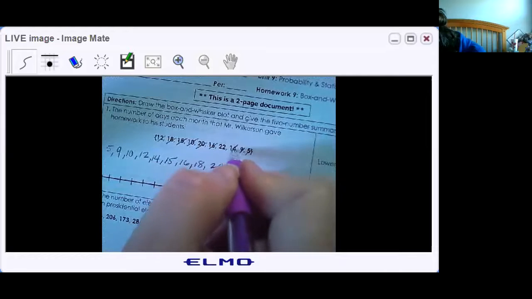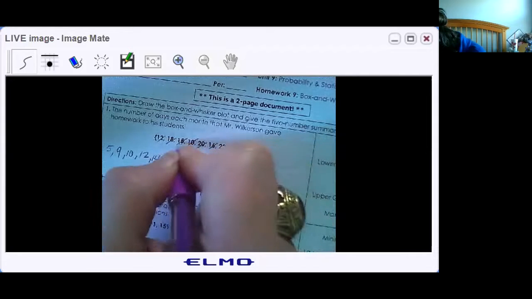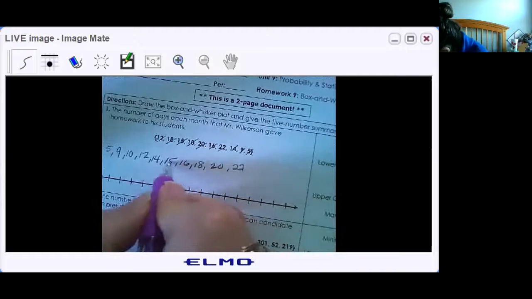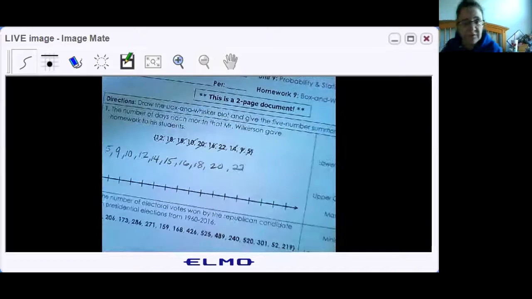There's 1, 2, 3, 4, 5, 6, 7, 8, 9, 10 pieces of information there.